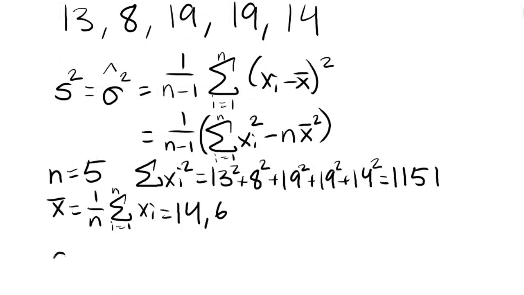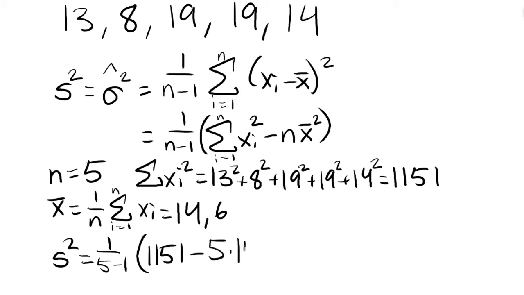We will get s squared is equal to 1 divided by 5 minus 1, times the sum of xi squared, which was 1151, minus 5 times our x bar, which was 14.6, squared. And then we just calculate this, and we would get 21.3. And that would be our variance in this case.